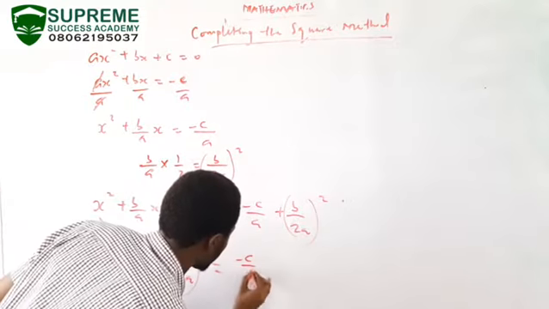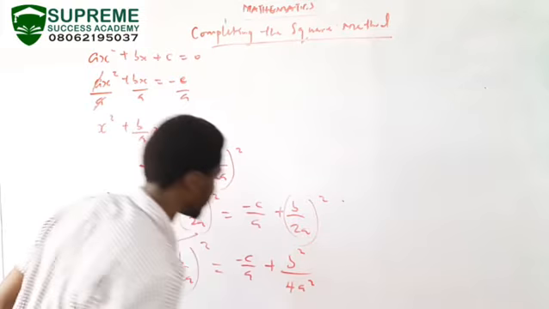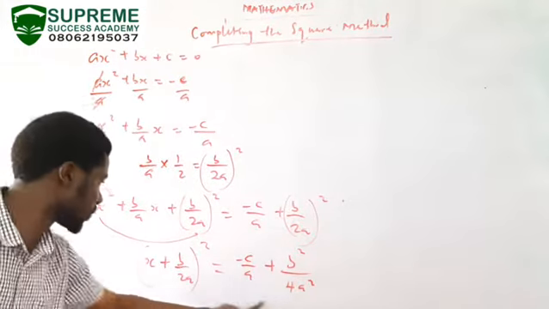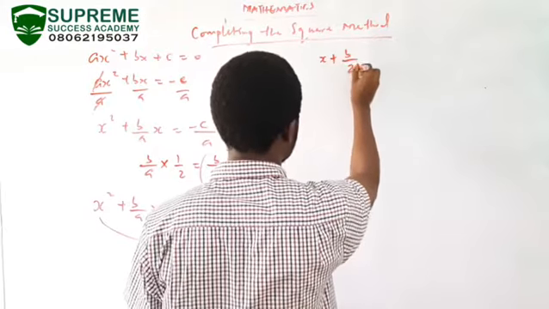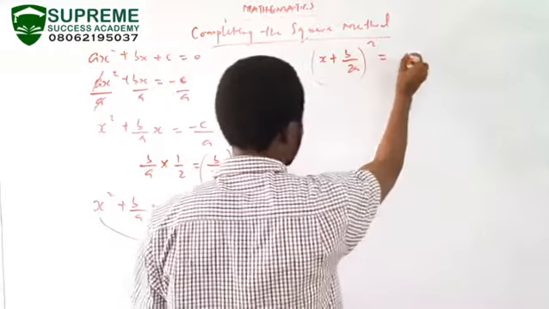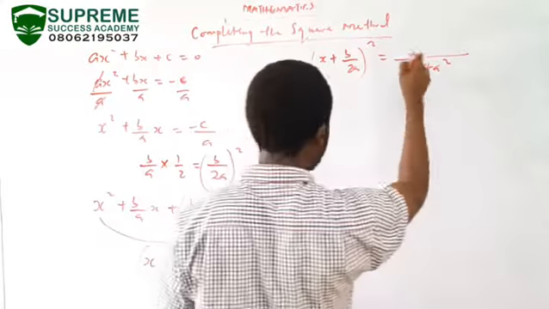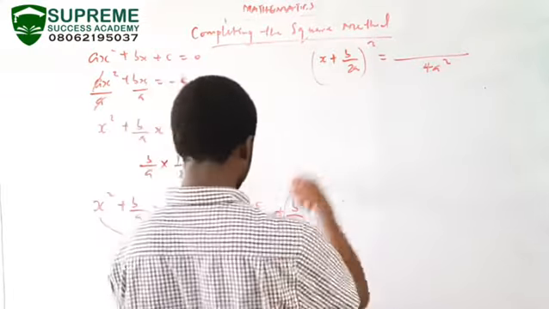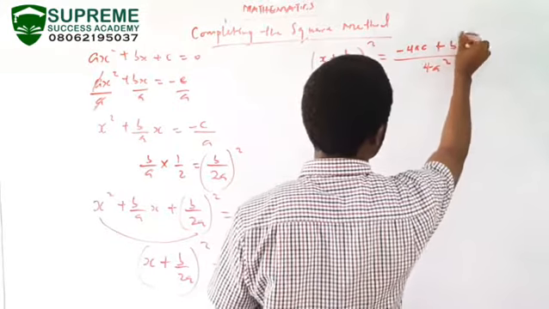So you have minus c over a plus b squared over 4a squared. What's the next thing? Let us obtain the LCM of this. So we can have x plus b over 2a all squared equals, the LCM is what? 4a squared. a in this will give us what? You are left with what? 4a. 4a times this will give us what? Minus 4ac plus b squared.